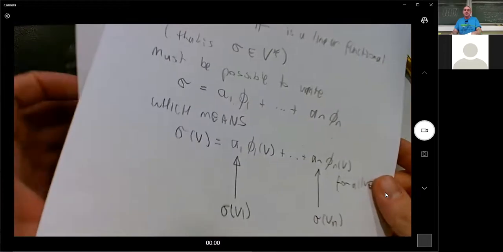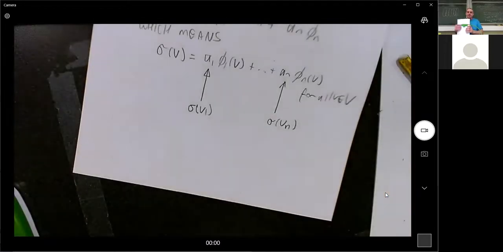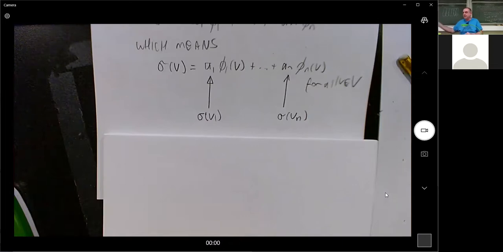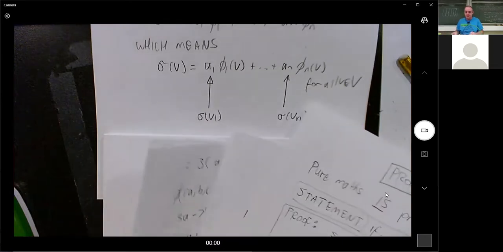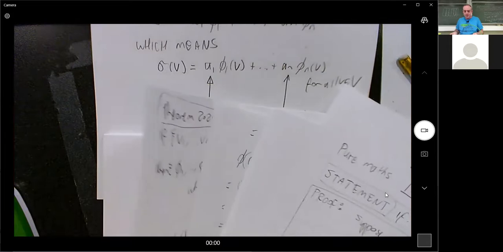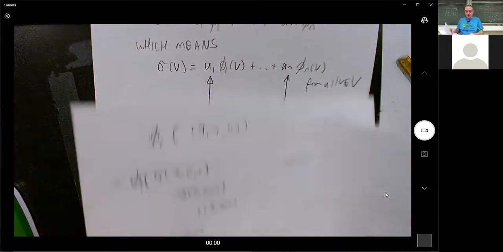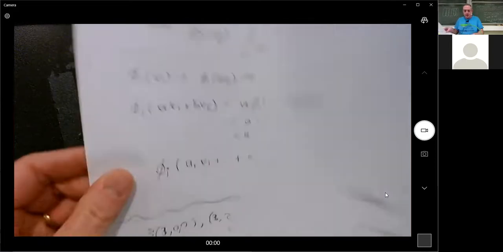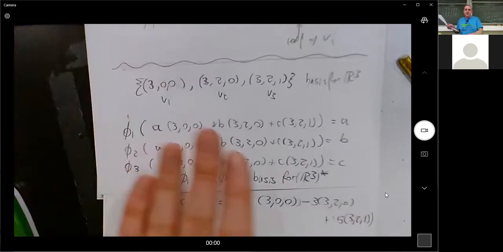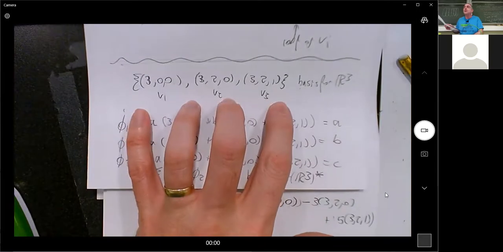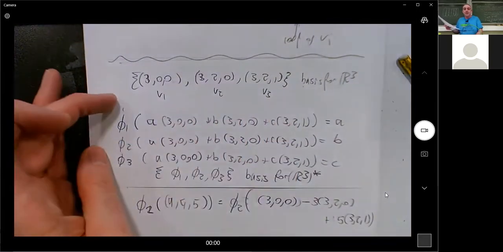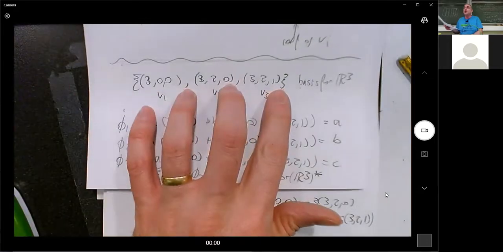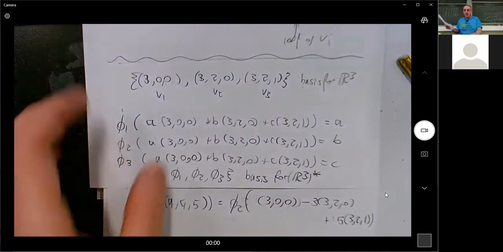So back in the other example I was doing, I made my phi's like this. This was my basis, and this is my basis of phi's. And the phi's told you what coefficients these were.